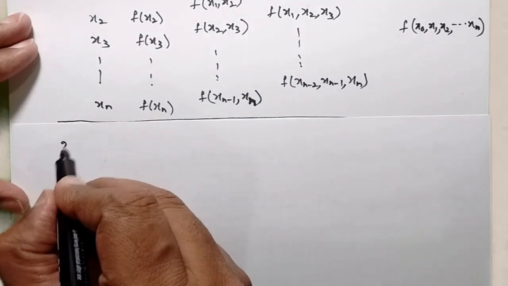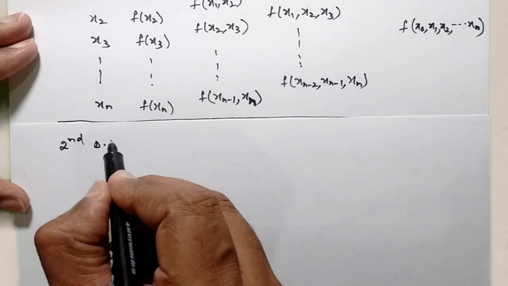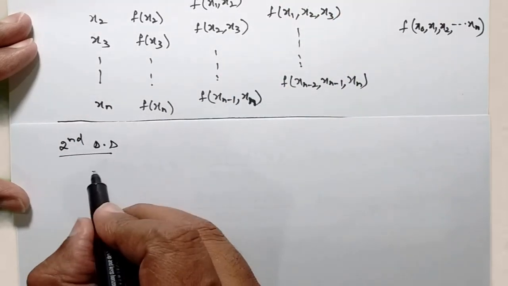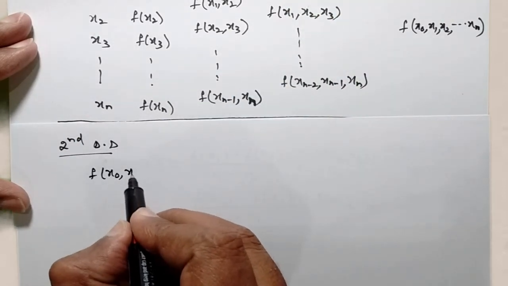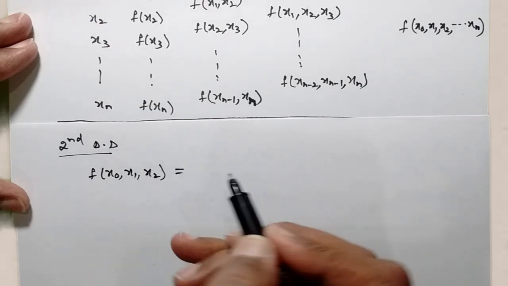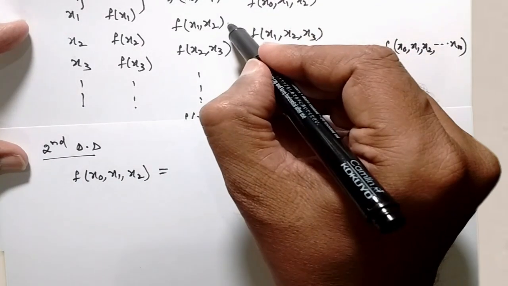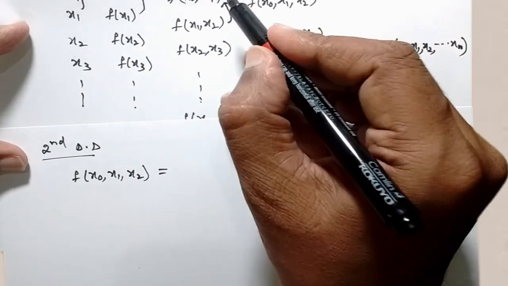So the second divided difference, second dd. How to write f of x0, x1, x2? Once again you use the previous values, the difference of these two values.